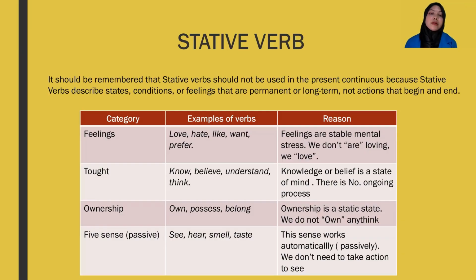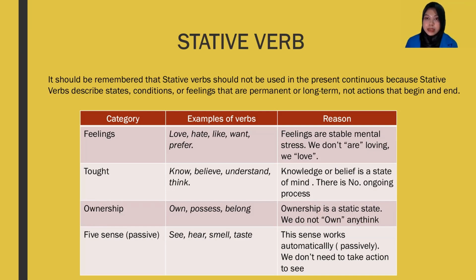Category thought: know, believe, understand, and think. Knowledge or belief is a state of mind. There is no ongoing process. Category ownership: own, possess, belong. Reason: ownership is a static state.